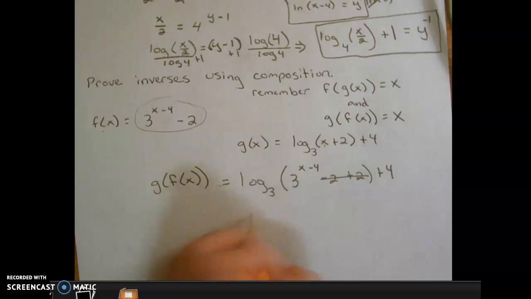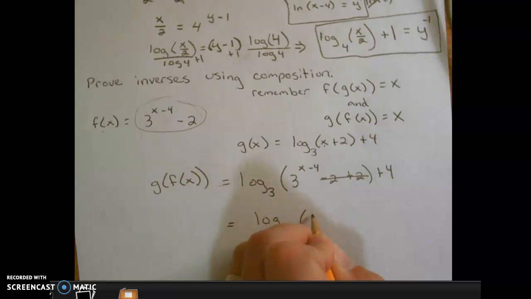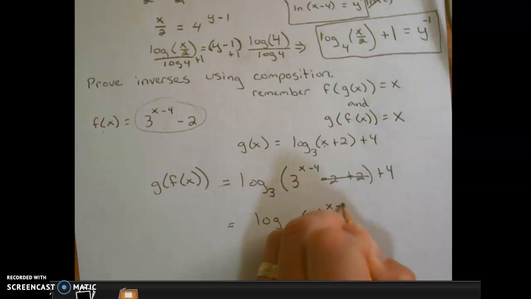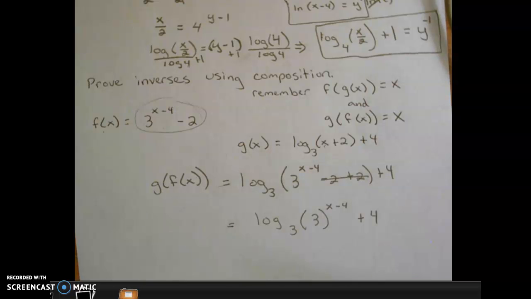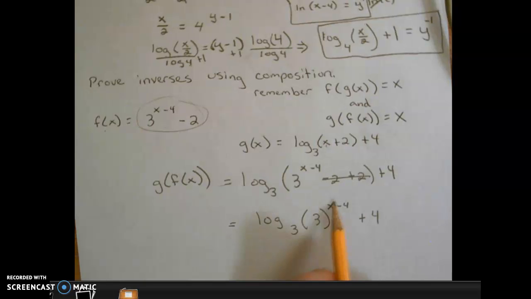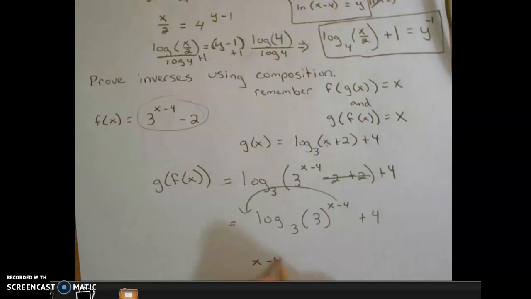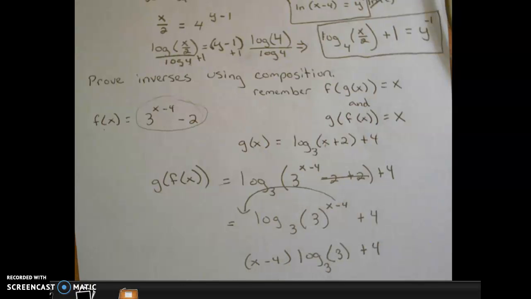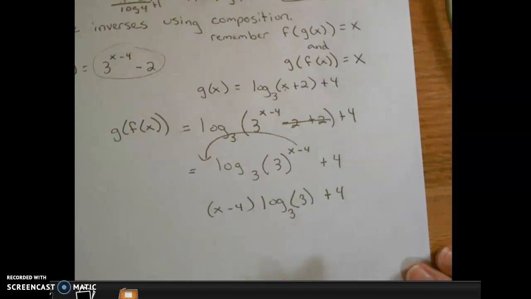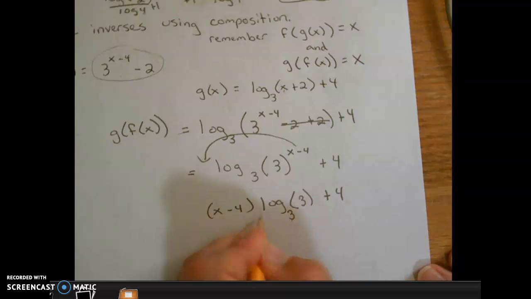And now we have, okay, and so now we can move this using the power property. We can move that to the front. And so 3 to what power gives us 3, which is 1. So this is going to be 1.